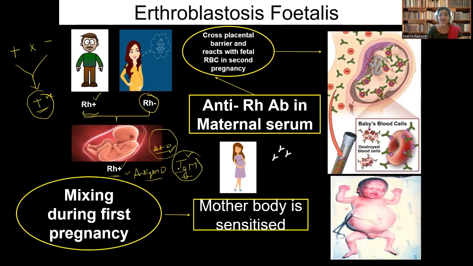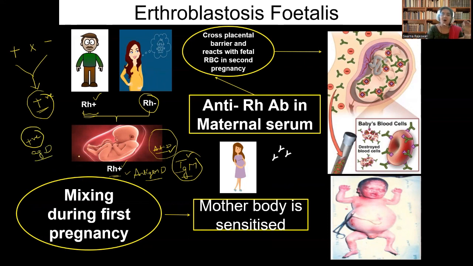So this baby, if it is Rh positive, the first birth is safe. Even though the mother reacted and IgM antibodies are produced in her body, it is not affecting the fetus. So what happens in the next pregnancy? Whenever she becomes pregnant the next time, if it is again Rh positive, then this baby will be having antigen D in it.